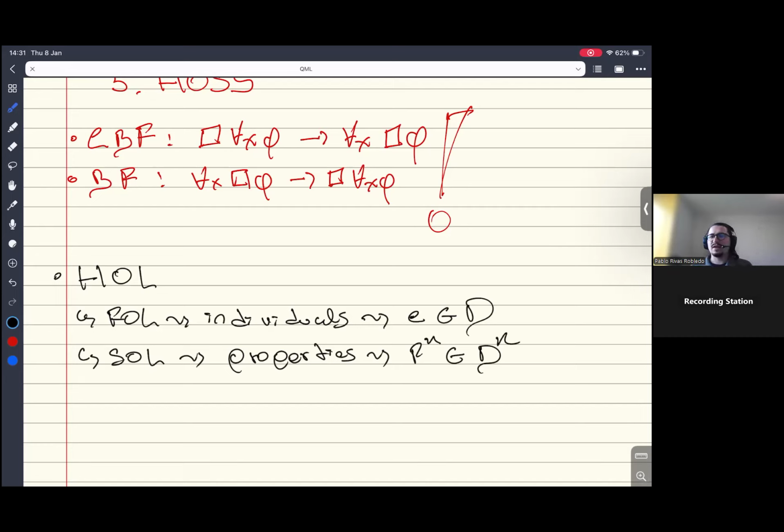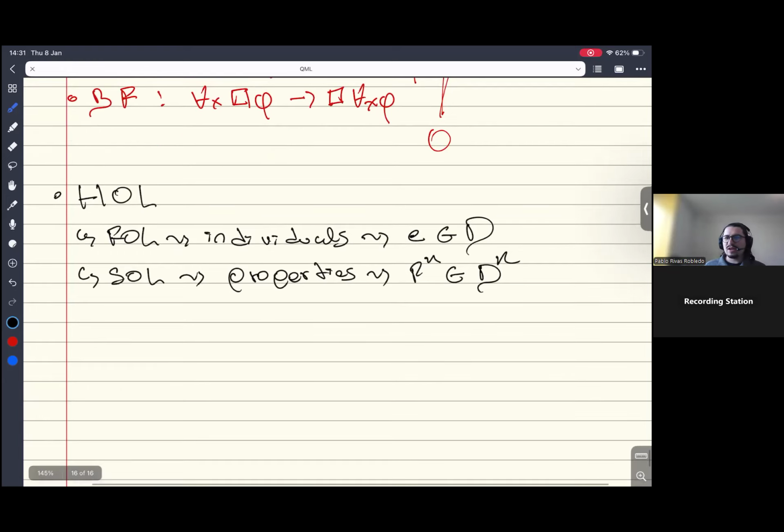This has a very interesting story in the history of modern logic. Unfortunately, we cannot talk about it today, but right now, the easiest way to get into second and higher order logic is by means of simple type theory.